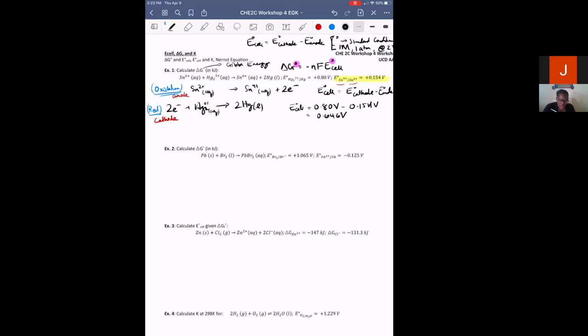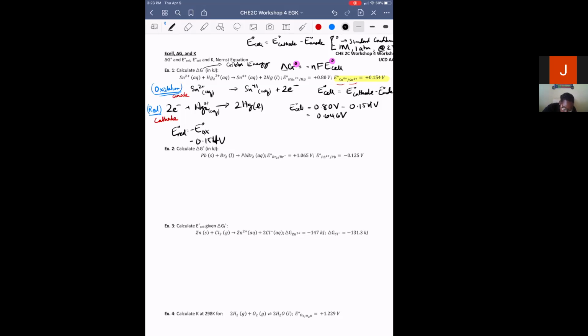Another way is to calculate the oxidation cell potential for my anode. For the oxidation cell potential, I take the reduction cell potential and take the negative value of it. Since for tin my reduction cell potential is 0.154, my oxidation cell potential should be negative 0.154 volts, and this is for the tin oxidation.